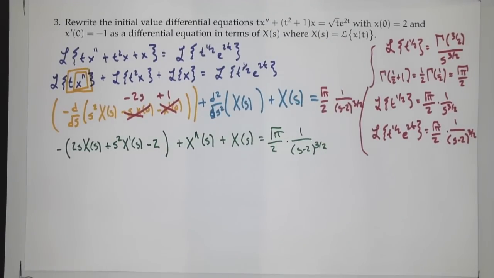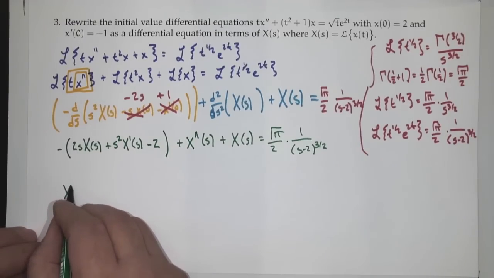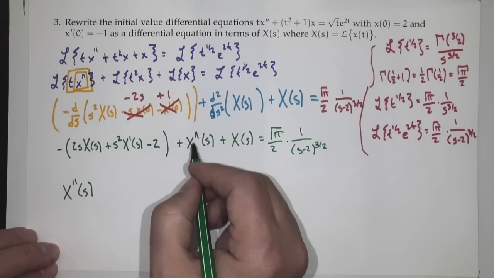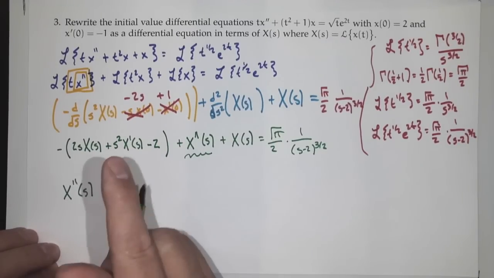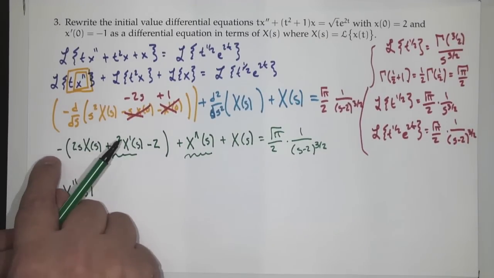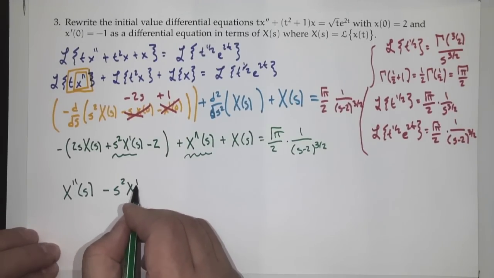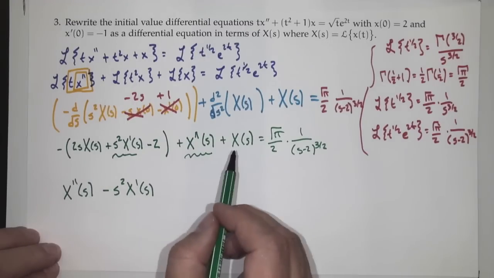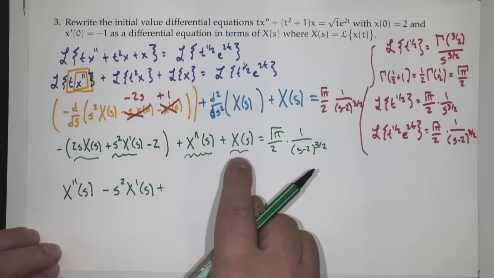And now we'll just write things as we normally would. We start with the highest order derivative. So we have an x double prime of s. That takes care of this piece. There is a single x prime. Okay, don't forget the minus. So minus s squared x prime of s. For the x of s, there's 2 of them. So if we put those together, there's 1 here.